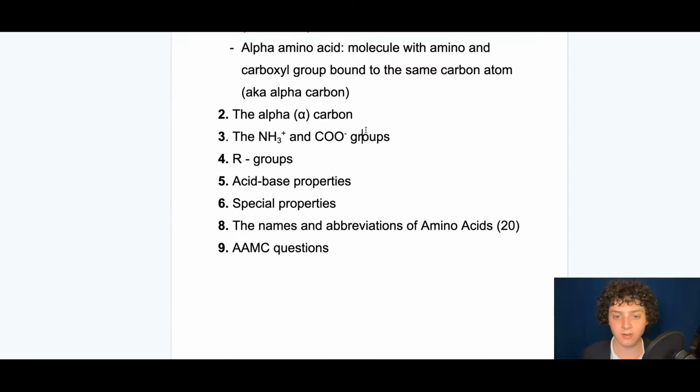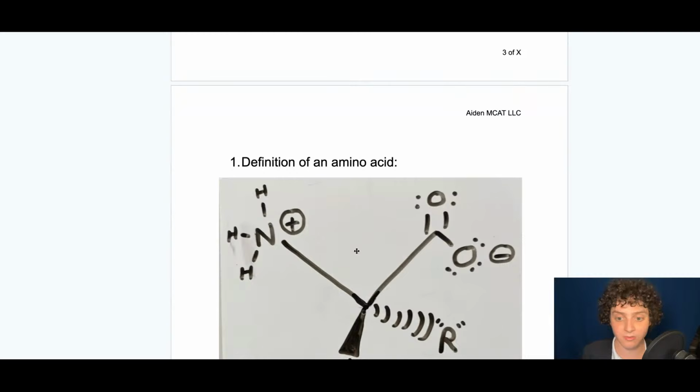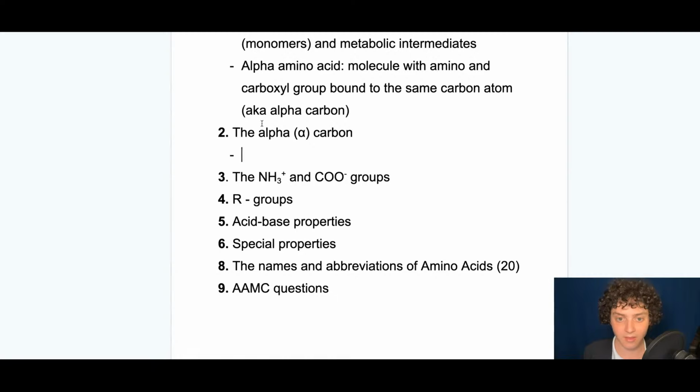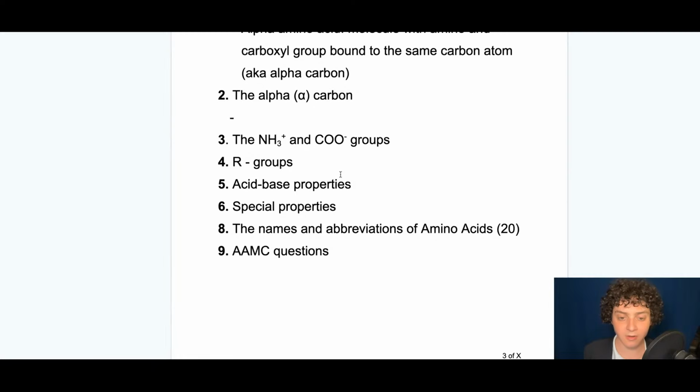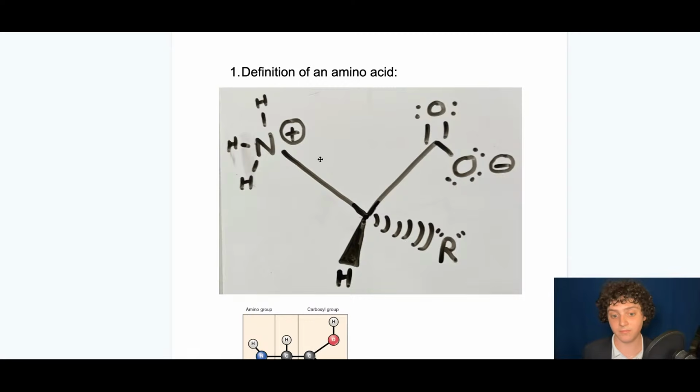Okay, so let's talk about that alpha carbon between that amino functional group and that carboxyl functional group. The alpha carbon is bound to 4 groups. And that is the case in every single amino acid.